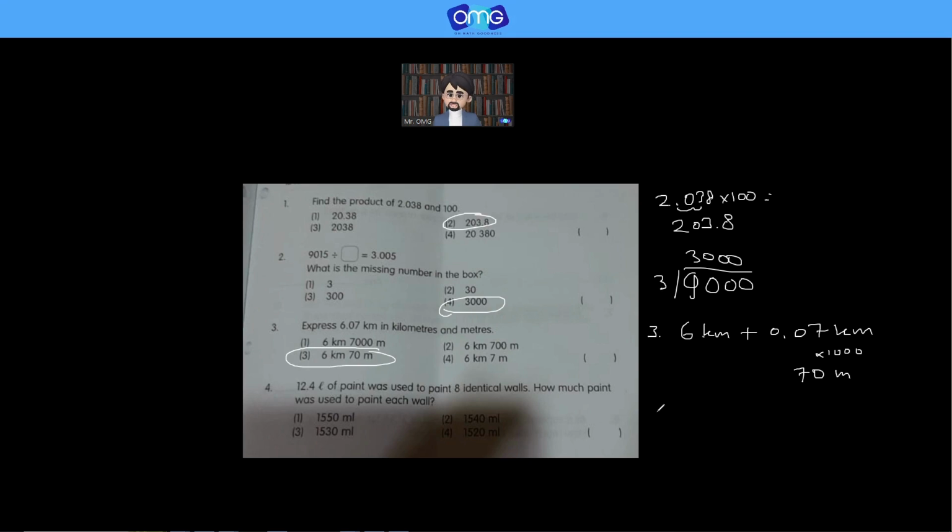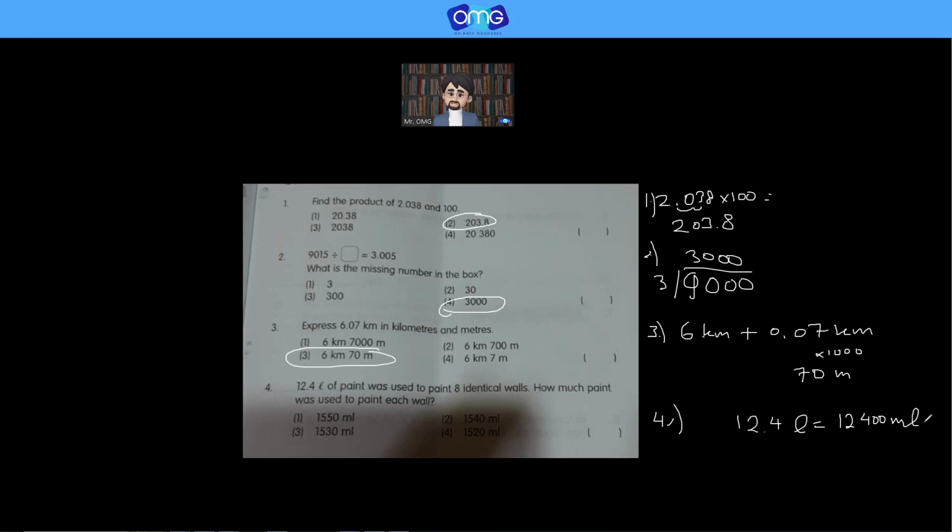Number 4. 12.4 liters was used to paint 8 identical walls. How much paint was used to paint each wall? So 12.4 liters, we switch into milliliters first, times 1,000.